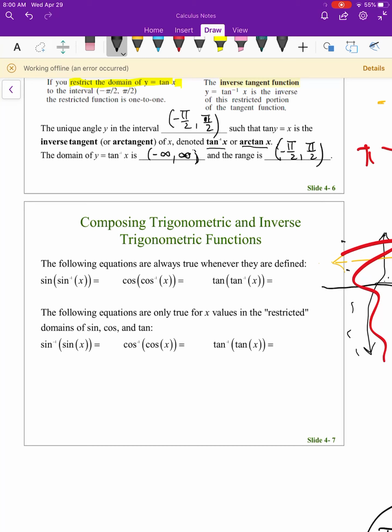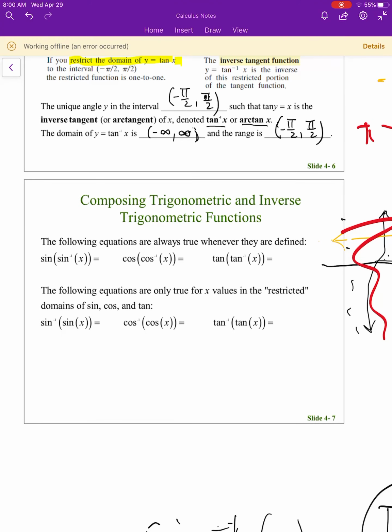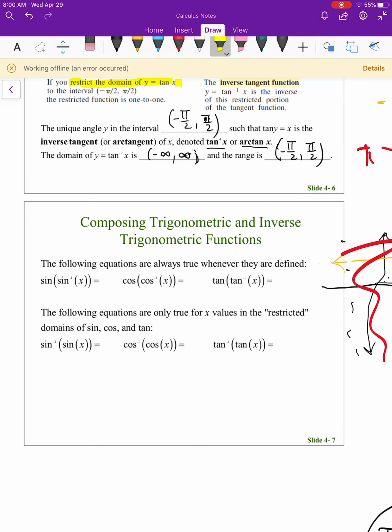Okay, so let's finish this off. So now, composing trig and inverse trig functions, the following equations are always true when they are defined. So, here we go. The sine of the inverse sine of x is always going to be x.